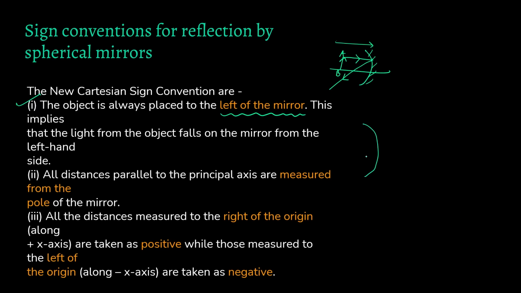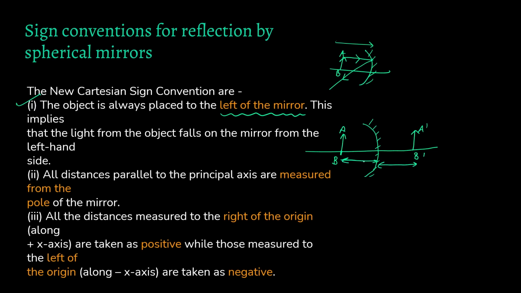Say this is your mirror, this is where you've kept your object AB, and this is where your image A dash, B dash is being formed. This is just an example. Now what is the distance that you have to measure? If you have to measure the distance of the object from the mirror, you denote it like this, right? This distance is the distance of the object from the mirror. Then this distance is the distance of the image from the mirror.